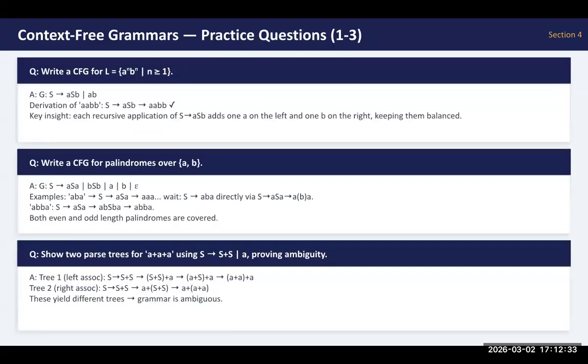So some of the questions that we can do is a CFG for L is equal to a^n b^n. So, and then let me just write down other ones, and then we can solve them. And you can always just screenshot them.